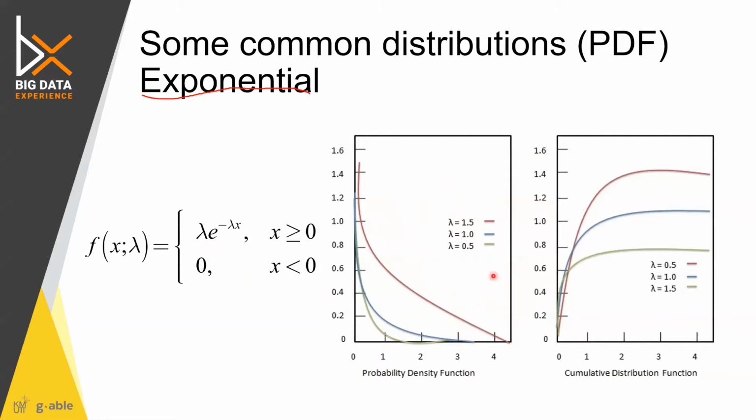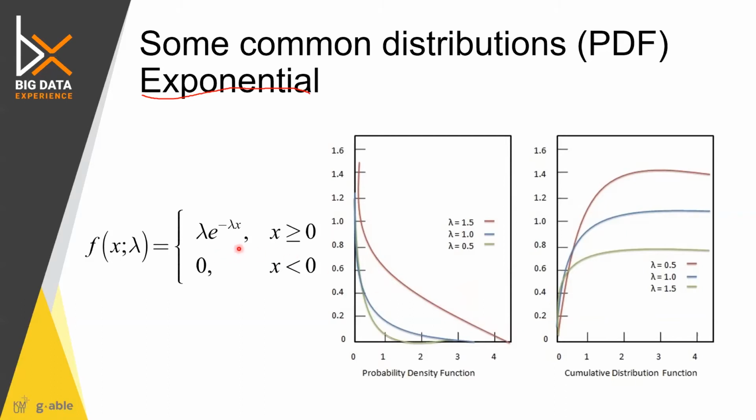Lambda plays a role here: you have e to the minus lambda x. If lambda is larger, you will have a steeper slope, a steeper decline, which means a lot of values would be clustered toward the low end. If lambda is smaller, you have a shallower slope.